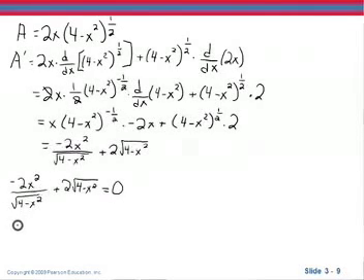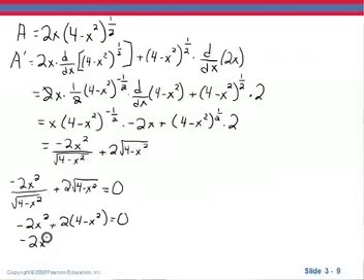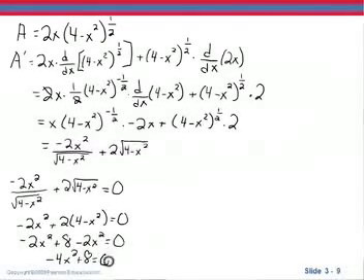When I multiply here, the square root of 4 minus x squared will cancel, and I'll have just negative 2x squared. Here, when you multiply this by the square root of 4 minus x squared, you'll have 4 minus x squared squared, which means you just have 2 times 4 minus x squared. And of course, 0 times anything is 0. That gives me negative 2x squared plus 8 minus 2x squared is 0, or negative 4x squared plus 8 is 0.